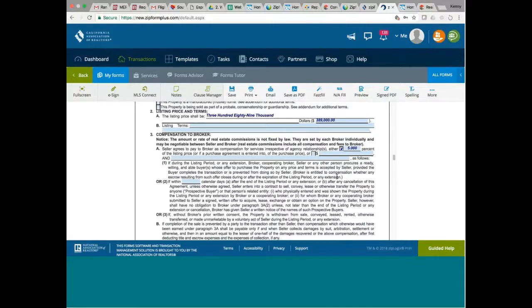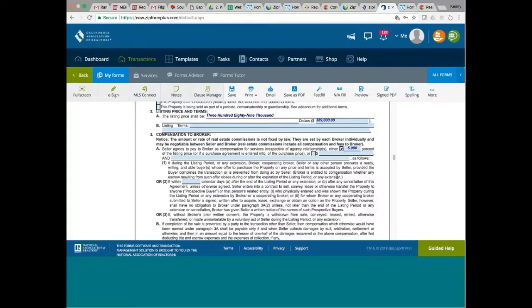And 3A1 is just the legal language that says if the listing agent procures a ready, willing, and able buyer, then the seller is obligated to pay commission to the listing agent.